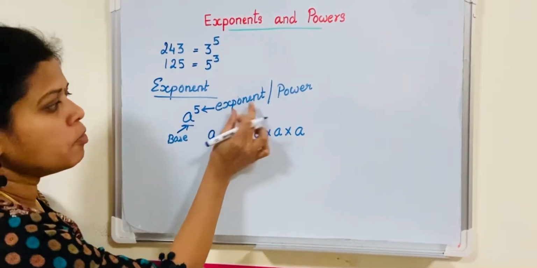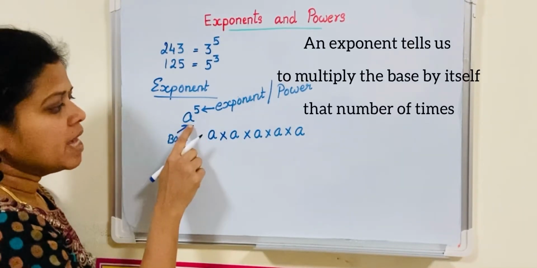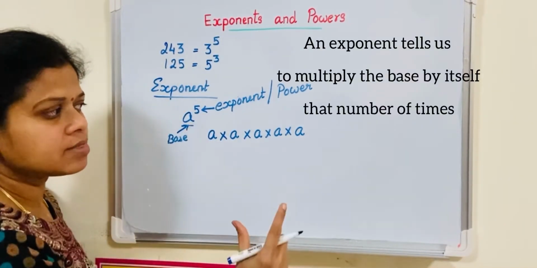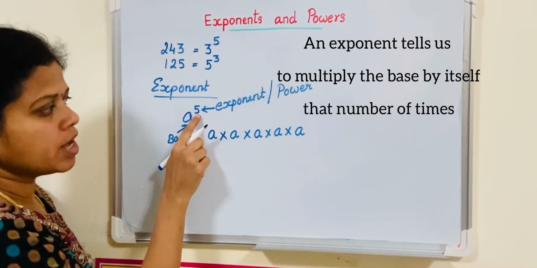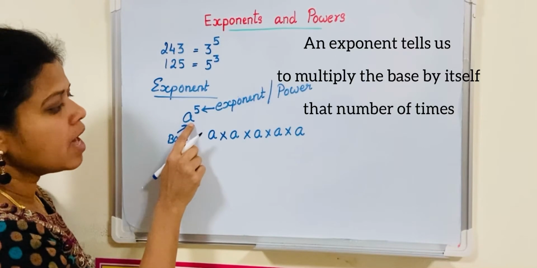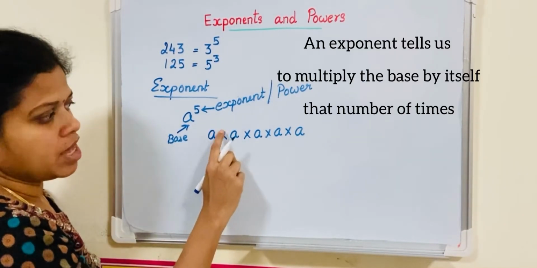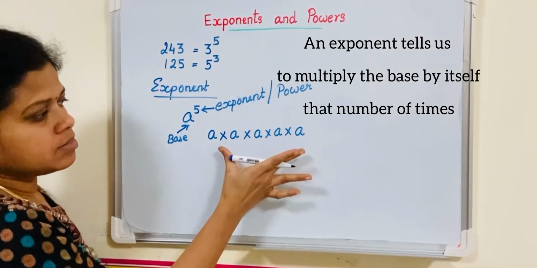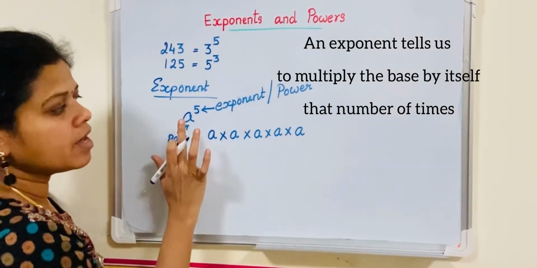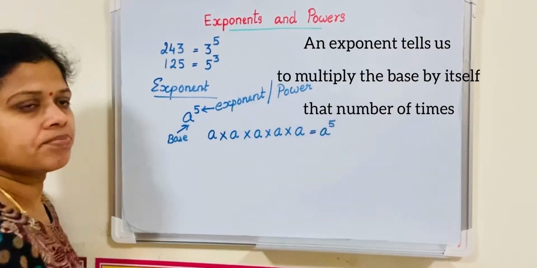So the exponent is a number which tells that the base has to be multiplied by itself that many times. Here the exponent is 5, so A has to be multiplied 5 times by itself: A into A into A into A into A. Instead of writing like this, we can show this as an exponent, A power 5.